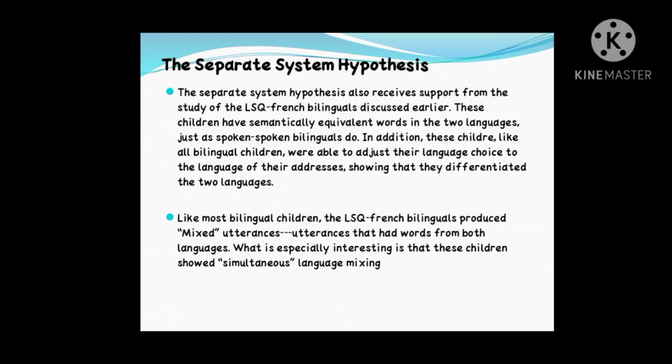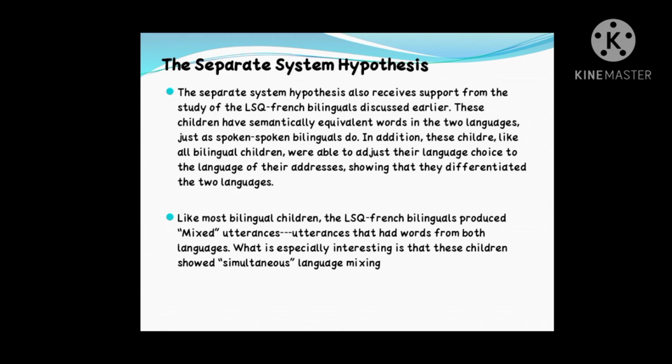In addition, these children, like all bilingual children, were able to adjust their language choice to the language of their addressee, showing that they differentiated the two languages. Like most bilingual children, the LSQ-French bilinguals produced mixed utterances that had words from both languages. What is especially interesting is that these children showed simultaneous language mixing.